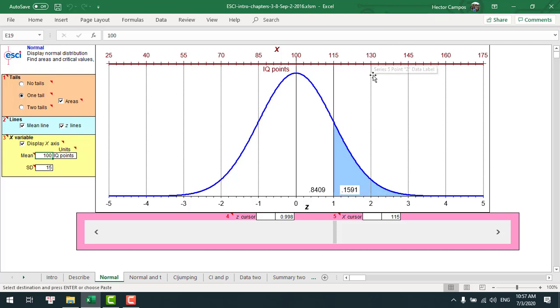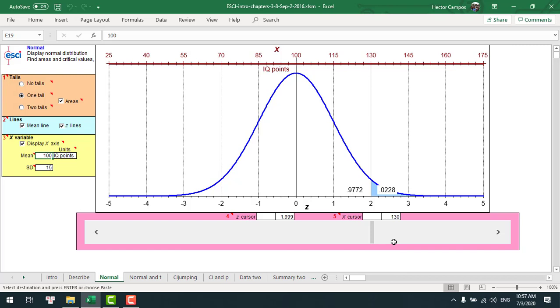Imagine that you have a score of 130. So let's move this to 130. Let's see, 128. Oh, I went over. 129.8, 129.9, 130. Hope I didn't go over. Okay, there we are. So here you have 130.